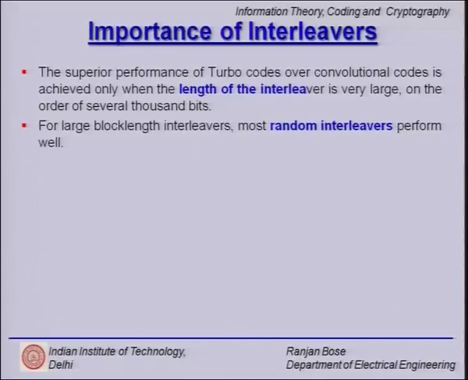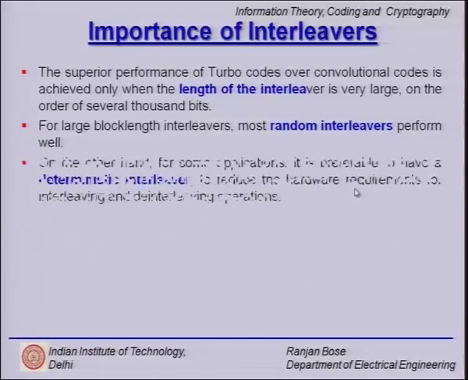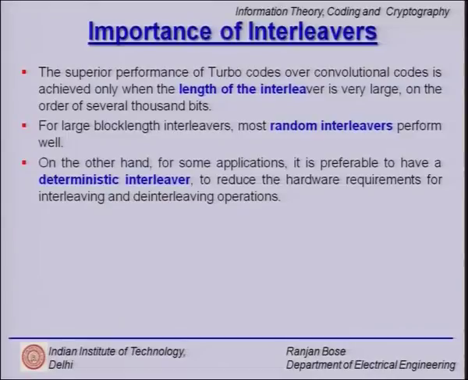Therefore, this code lies between block codes and convolutional codes. We work with a block size at a time. Most random interleavers work well. On the other hand, for some applications, it is preferable to have a deterministic interleaver to reduce the hardware requirements for the interleaving and deinterleaving process.